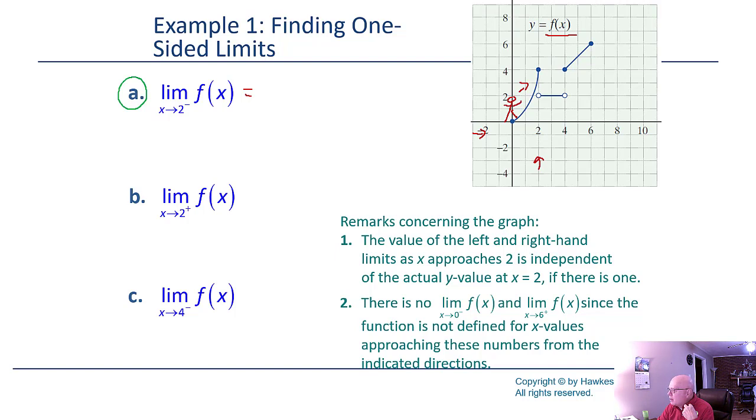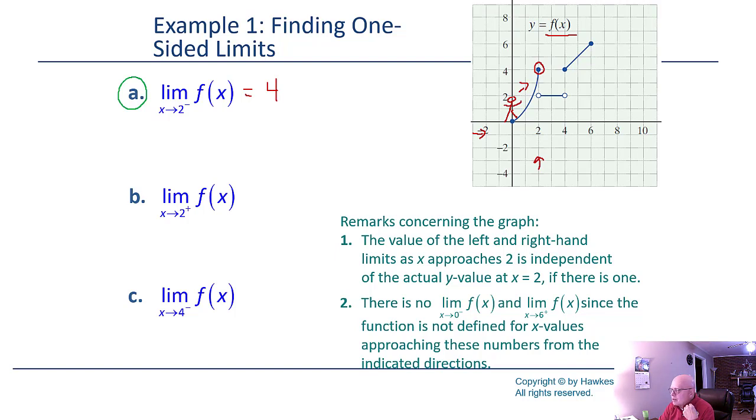Keep going. We're not to 2 yet, but the y value is up to 2. We get a little bit further, the y value is up to 3. And as I get very, very close to the 2, the y value gets real close to 4. So our limit from the left is a 4.